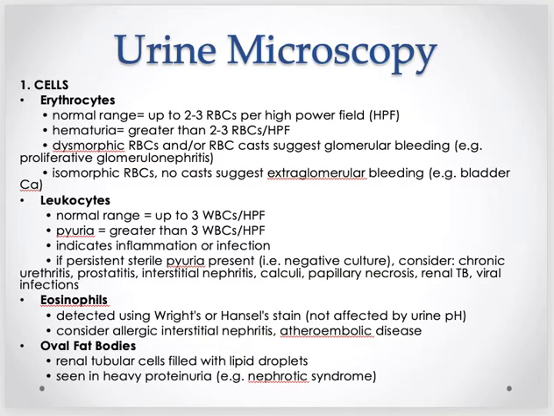Urine microscopy. So whenever we go for urine microscopy, guys, first of all they do microscopy, right? And they see what kind of cells are present, either red blood cells, white blood cells, or something else.